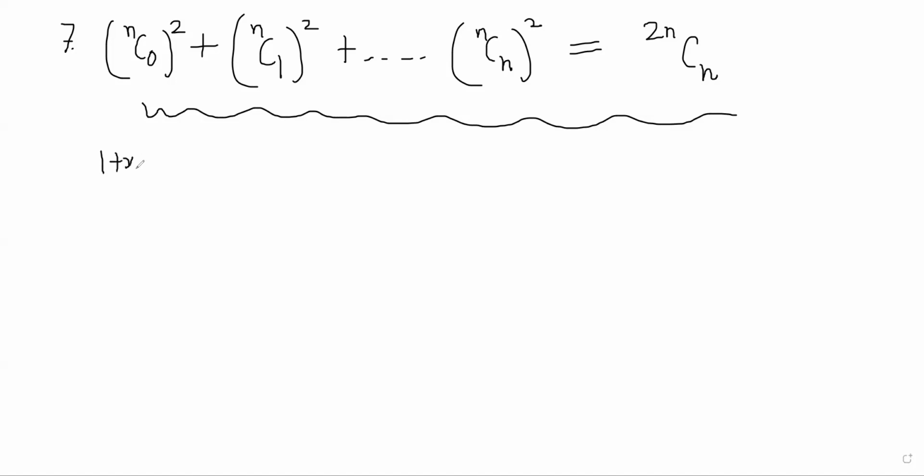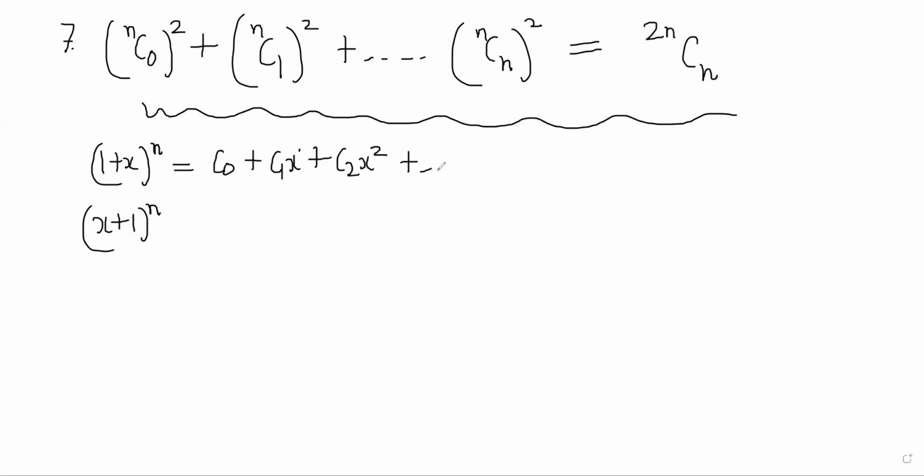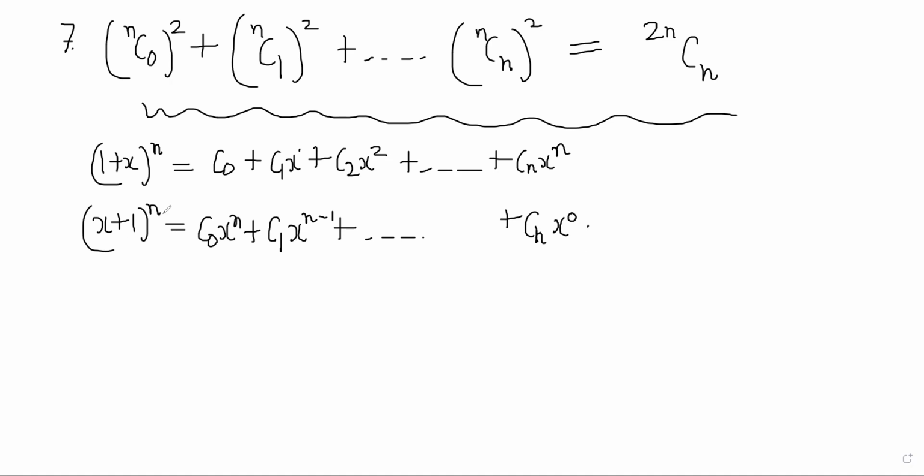Take two different series, (1 plus x) power n and (x plus 1) power n, and expand it, C0 plus C1x plus C2x square, and so on till Cn x^n. And this side it will be C0 x^n plus C1 x power n minus 1, and so on till Cn x power 0. When you multiply it and check the coefficients of x power n terms, you will realize that it is C0 square plus C1 square plus C2 square plus Cn square.